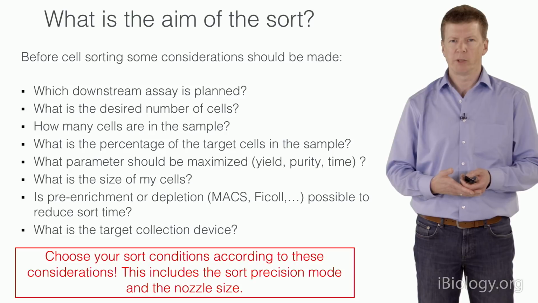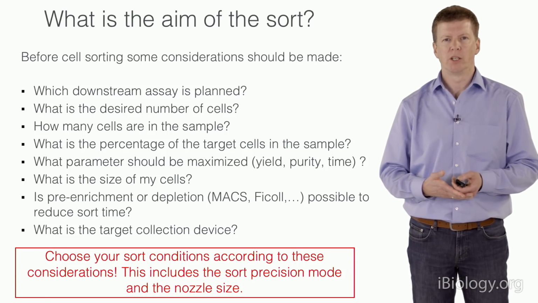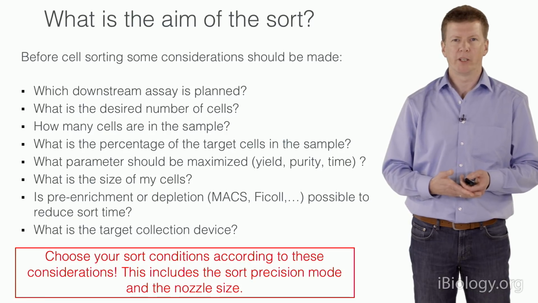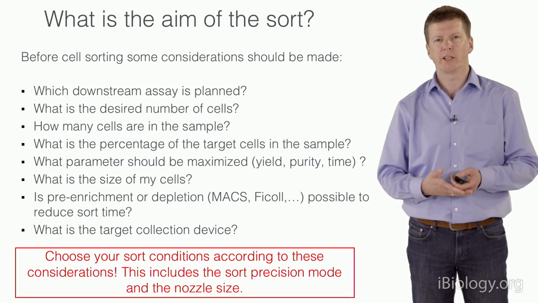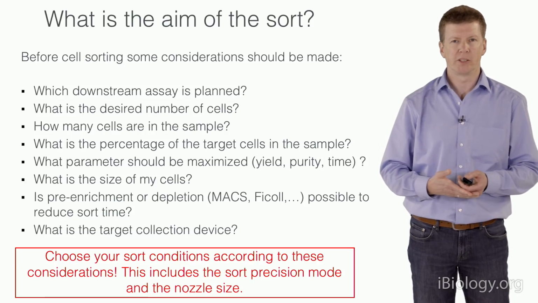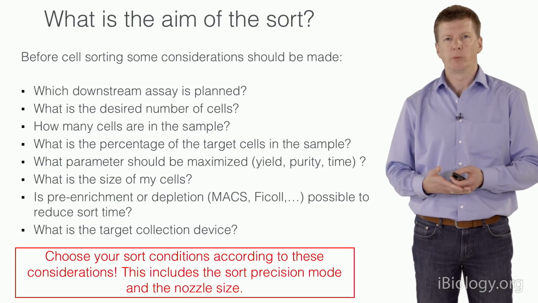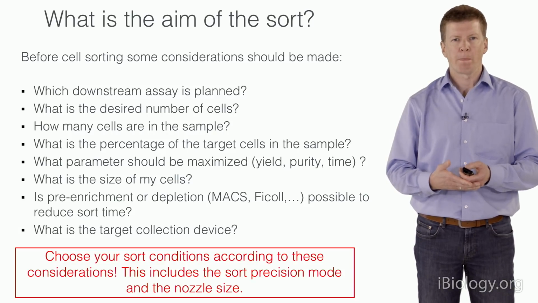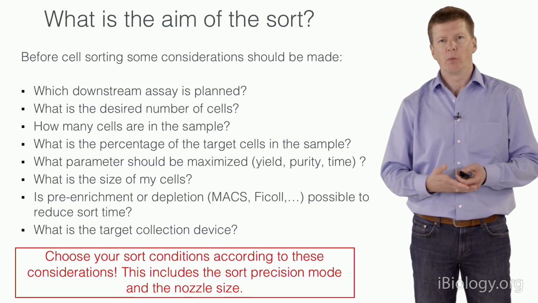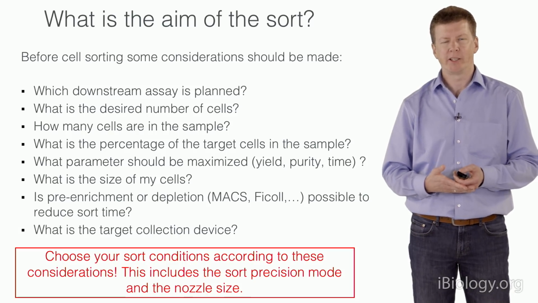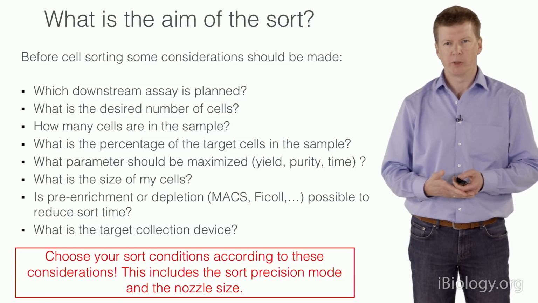What is the percentage of my target cell? Is there maybe a high chance for coincidence? Therefore, which parameter do I need to maximize? Is it purity, yield, or is it time, because my instrument is heavily booked and is not accessible all the time? Can I do pre-enrichment? Or what is my target collection device? So many things can be clarified beforehand, before you even go on the machine and start your process.